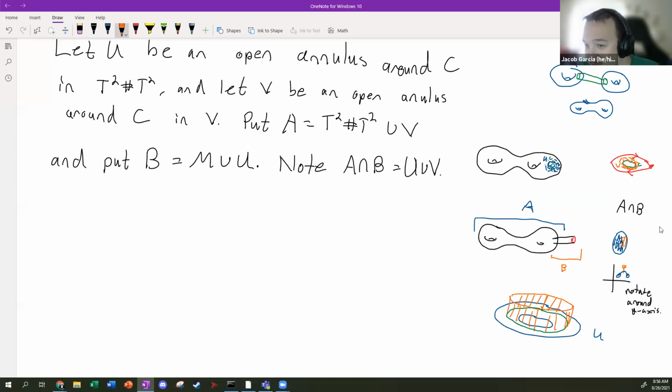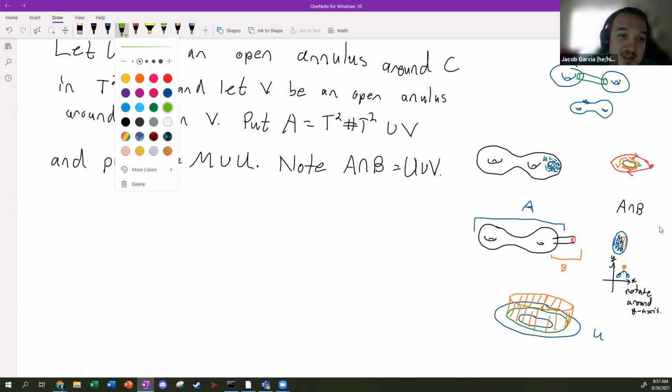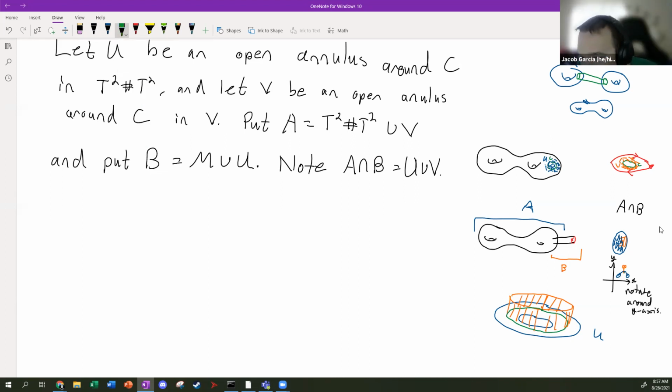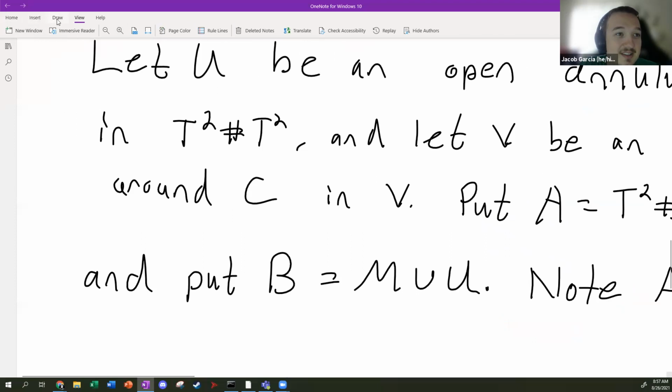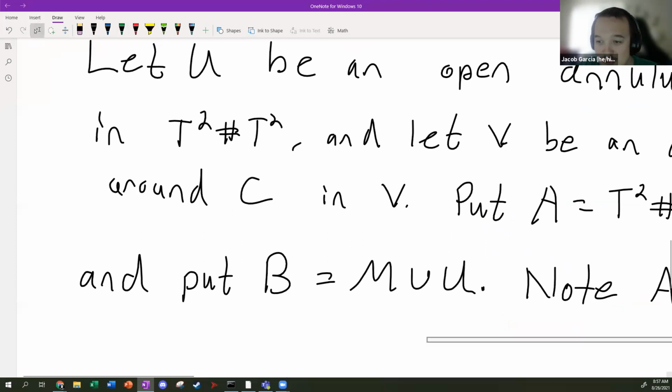If you take this picture and rotate it around the y-axis, with this the x-axis and this the y-axis, you should get something that looks kind of like this. And the point that they meet, which is the green point, should be this point here. Maybe it's just hard to see on your screen. Maybe I can zoom in and move over.